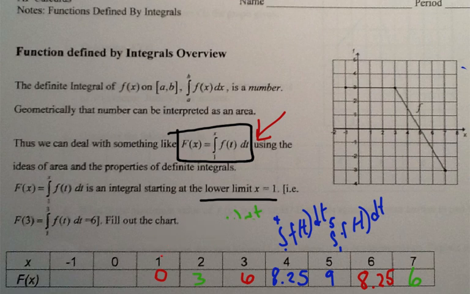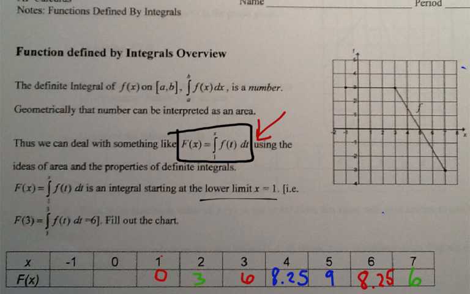Try to clear off some room here for me to work with. So what about the integral from 1 as my lower limit, 0 as my upper limit of f of t dt? That's going to be the same thing as the opposite of the integral from 0 to 1 of f of t dt.